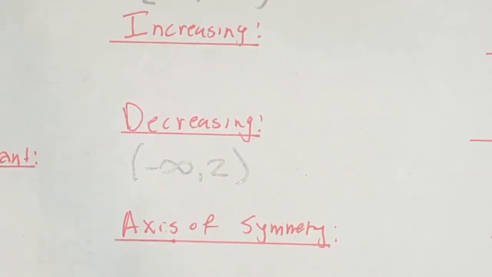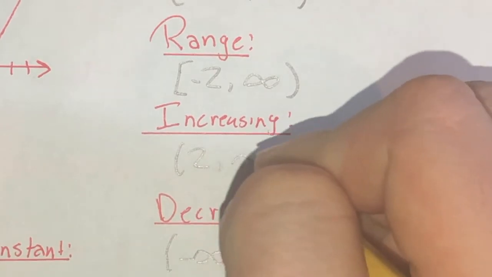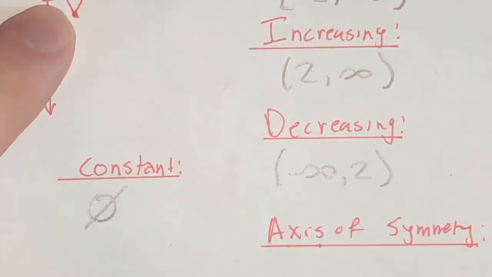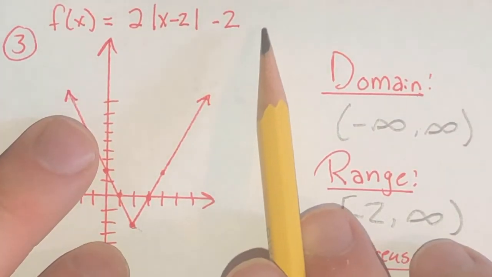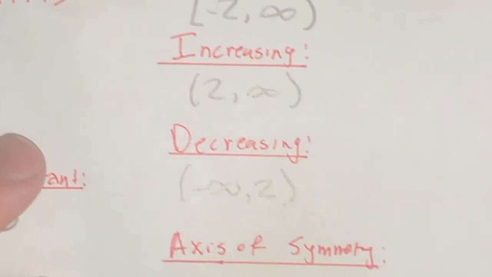And it's increasing from 2 to infinity. As it turns out, constant is a trick question.